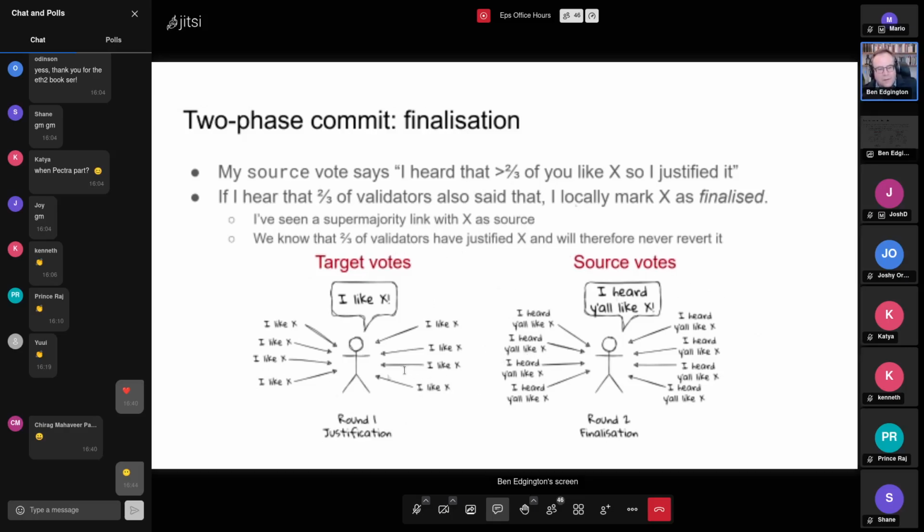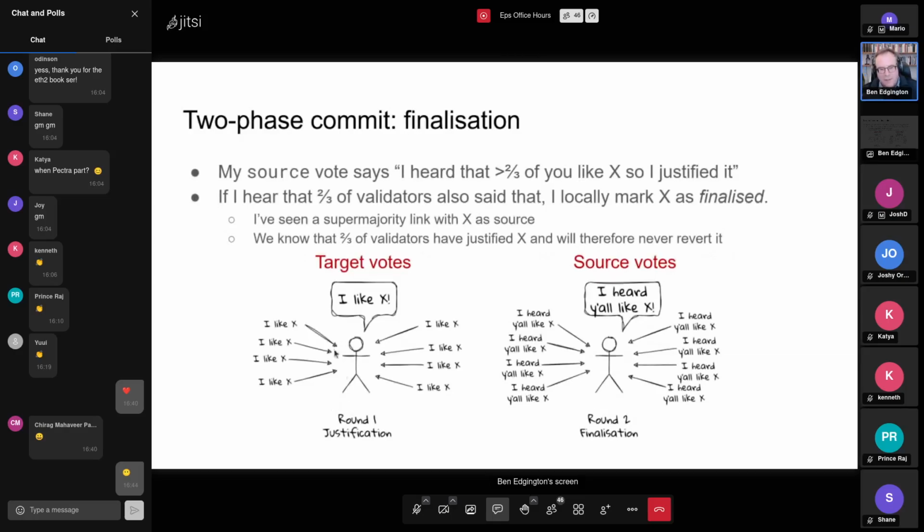The point is that when I justify a checkpoint, that is my commitment never to revert it. It is effectively locally finalized for me. Now it's not finalized globally because I don't have a global view, but it's finalized locally for me because I've heard that 2/3 of validators out there like that, and so I commit to never reverting that justified checkpoint.